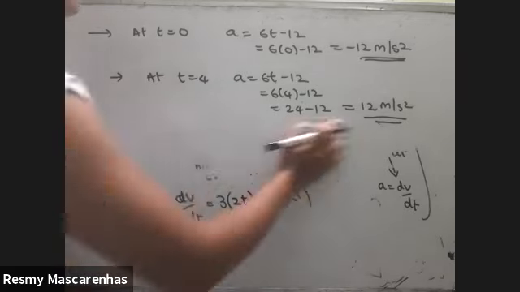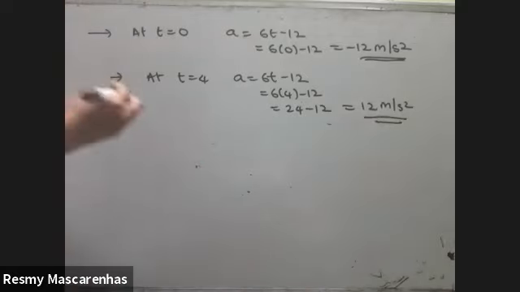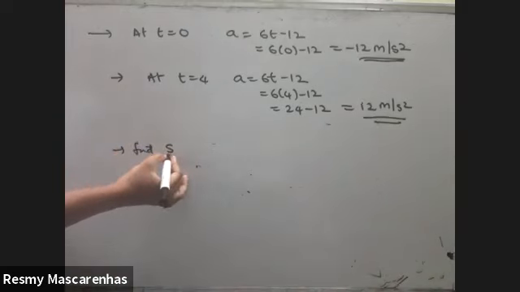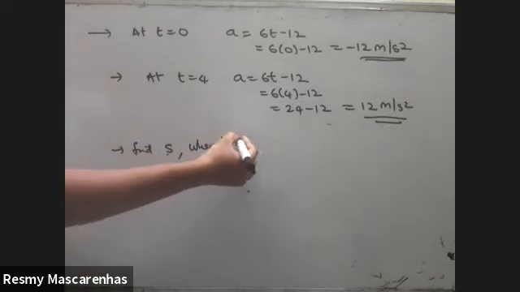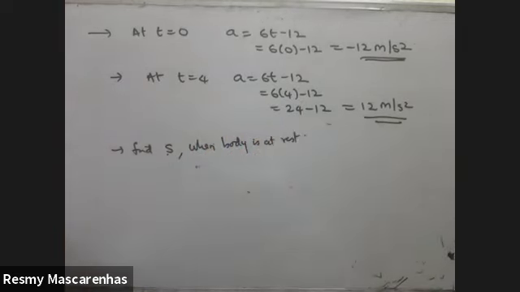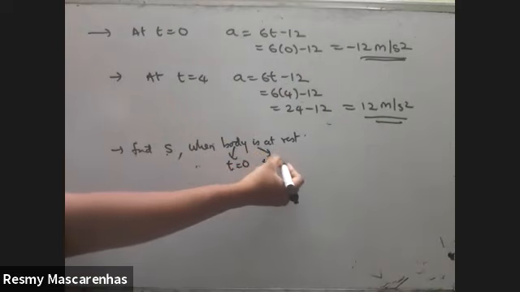Now one more last part has been asked in the question. Also find displacement. Displacement means S when body is at rest. So the times when the body is at rest are t equals 0 and t equals 4.